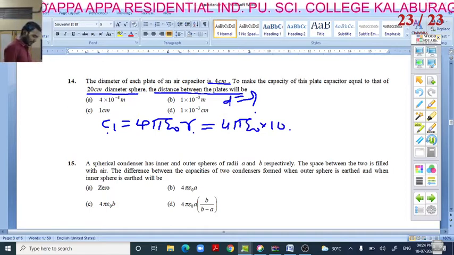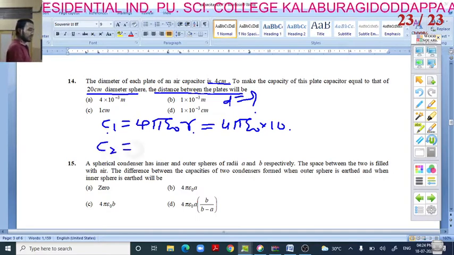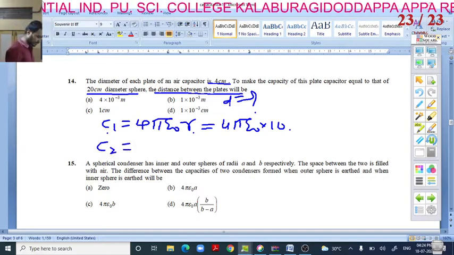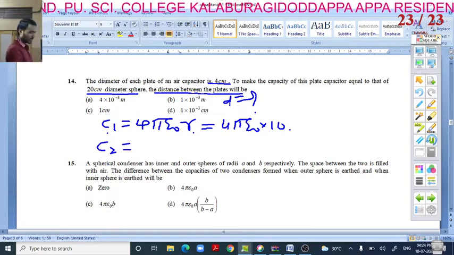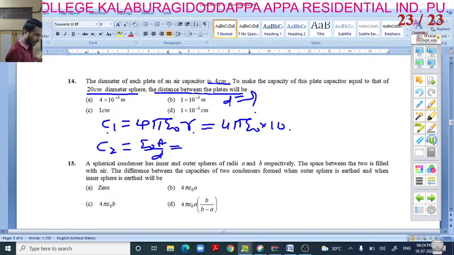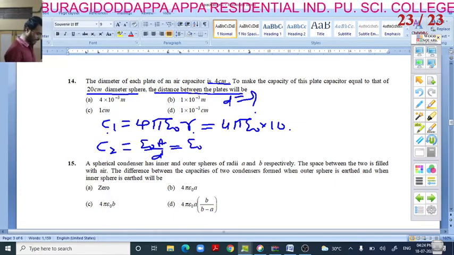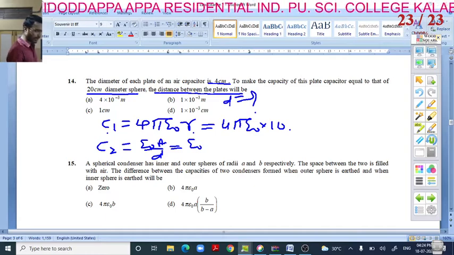Capacity of a parallel plate air capacitor, C2 is equal to epsilon A by D. So that is equal to epsilon as it is, A means pi r square.